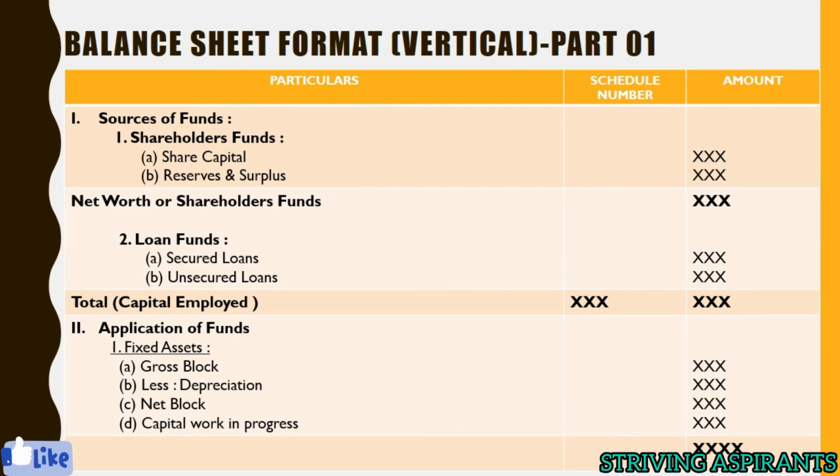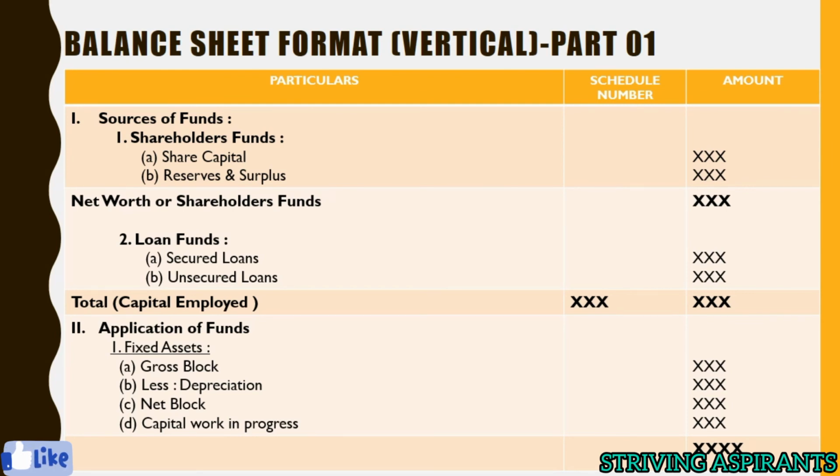The first item under sources of fund is shareholders fund, which include share capital and reserves and surplus. After adding, we will get the net worth or shareholders fund value. And the second item under sources of fund is loan funds, which constitute secured loans and unsecured loans. After adding these two items, we will get the total capital employed amount.